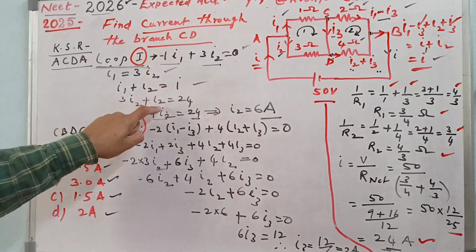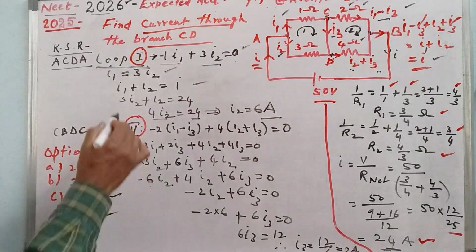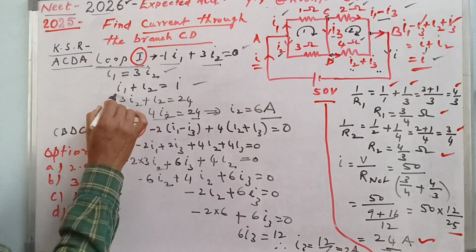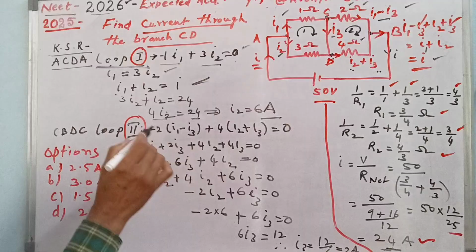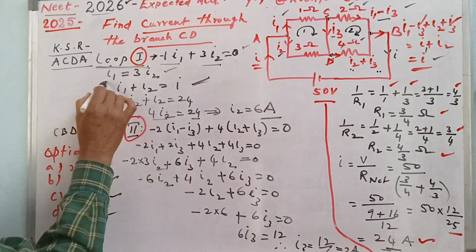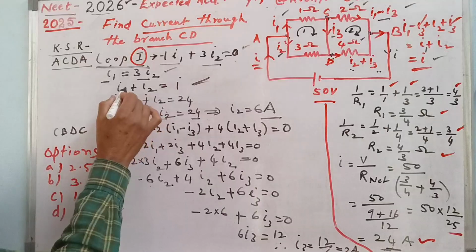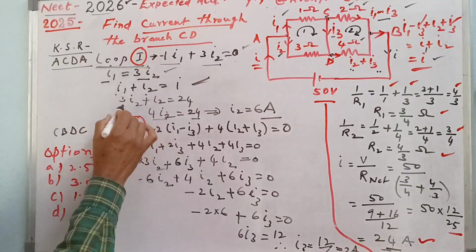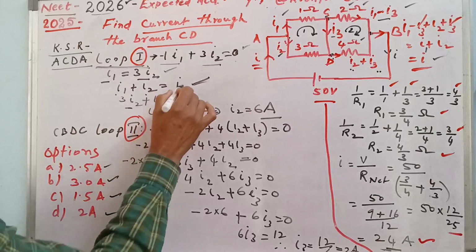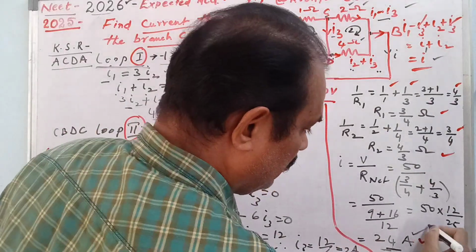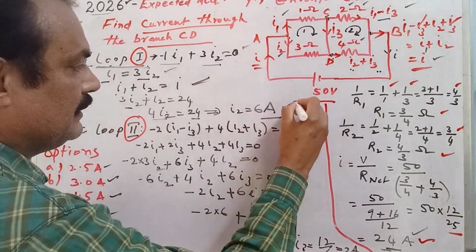So I1 plus I2 is equal to I. Correct? Then next, I1 is equal to 3I2, so in the place of I1 you have to put 3I2. Then I2 as it is. I you calculated as 24, that 24 you put. Then you will solve it, you will get 6 amperes.